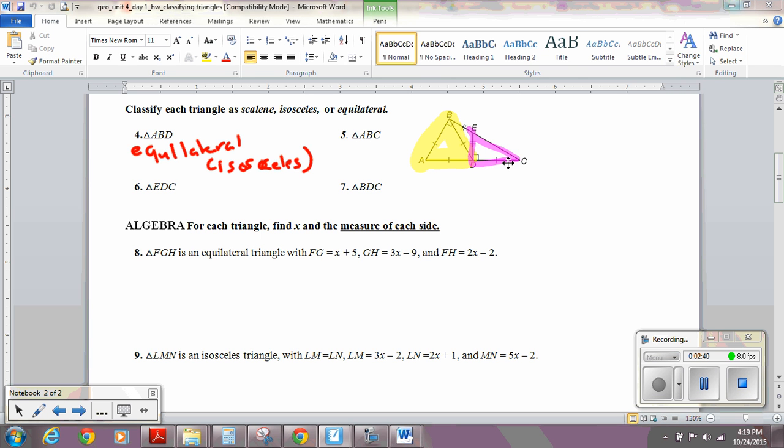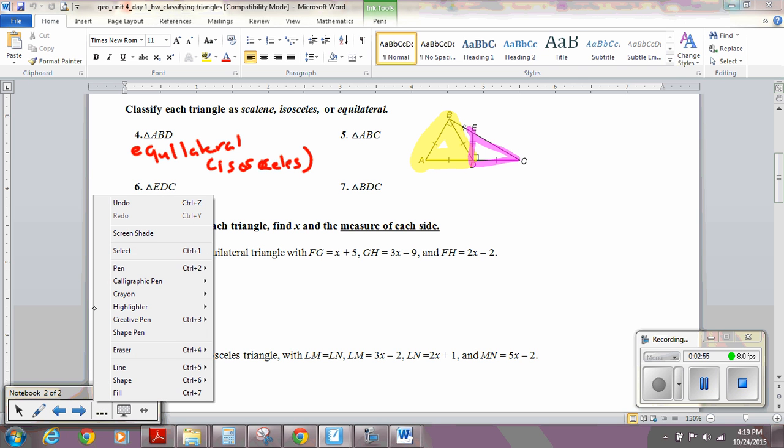Side DC has a singular tick mark. And side EC is not labeled as either or. So that means it's a different length altogether. So all three sides are different, which means it would be scalene.